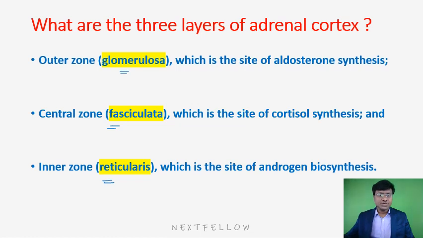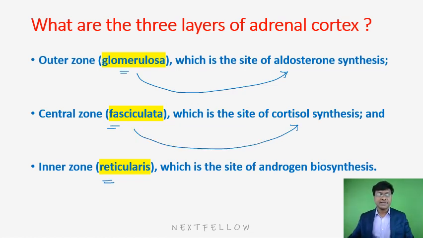Out of these, the zona glomerulosa is the site where there is synthesis of aldosterone. Zona fasciculata is the site where there is synthesis of cortisol or steroids. And zona reticularis is the site where there is synthesis of the weak sex hormones. So these are the three layers and their respective hormones from the adrenal cortex.